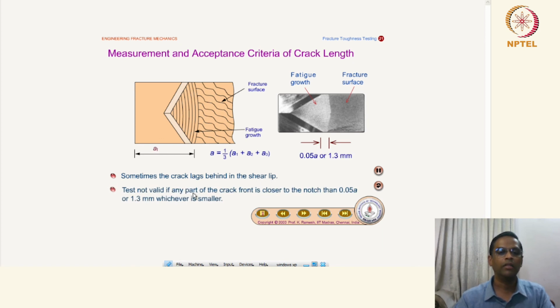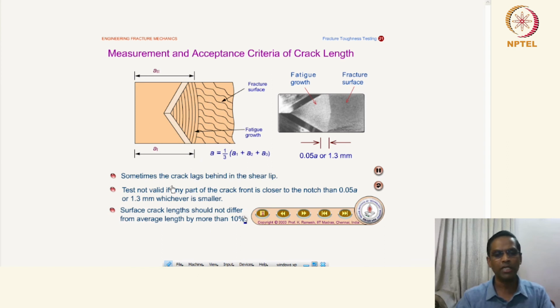The test is not valid if any part of the crack front is closer to the notch than 0.05 a or 1.3 mm, whichever is smaller. Surface crack length should not differ from the average length by more than 10%. So this is again another condition which is very strict for this test.